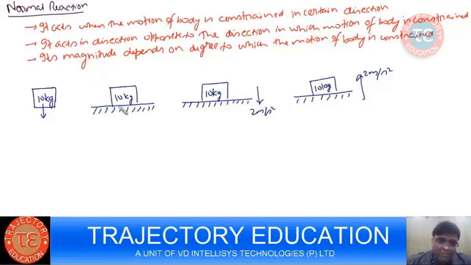This is a freely falling body. This is a body kept on a static surface. Say I can call this a body in a lift which is at rest. This is a body in a lift which is going down with 2 meters per second square. And this is a body in a lift which is going up with an acceleration of 2 meters per second square.